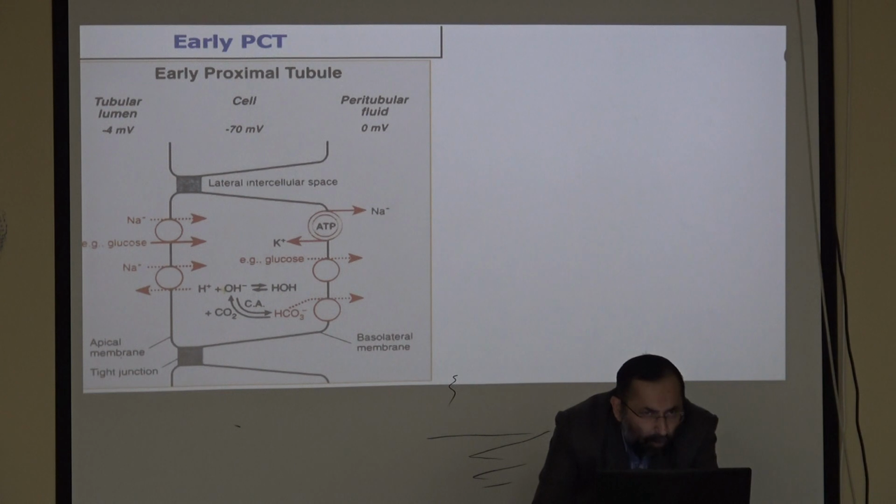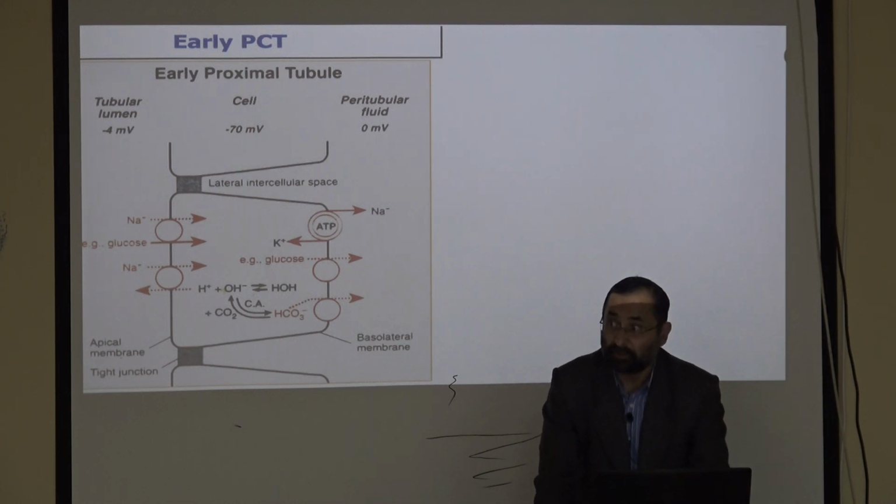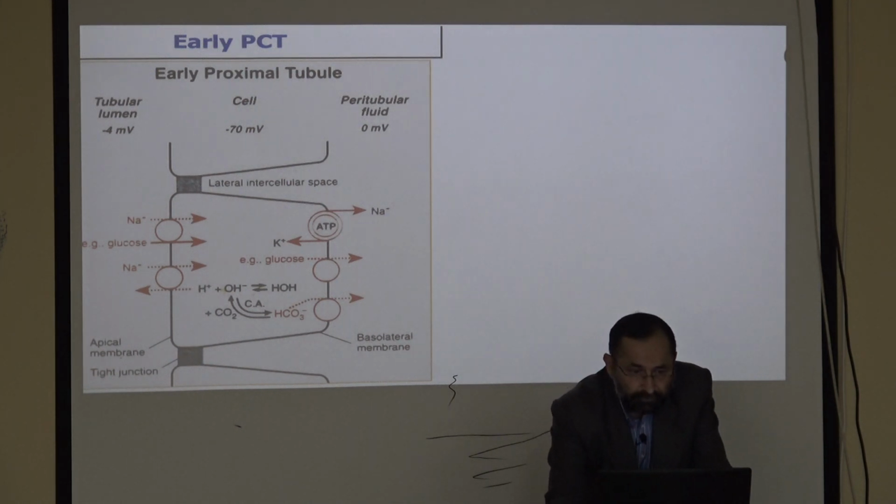Okay, have a quick look and see what kind of processes are happening without any comment. Okay, just have a look. Luminal side, basal side, look at sodium. Your focus is sodium, okay? Because we are talking about sodium, all right? Did you see that? Okay.